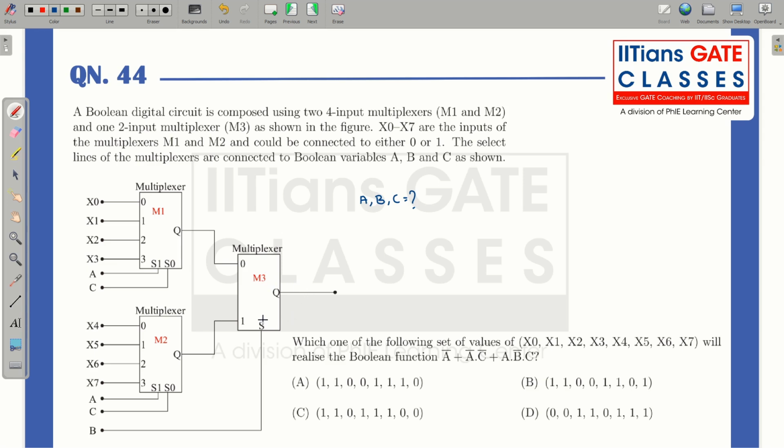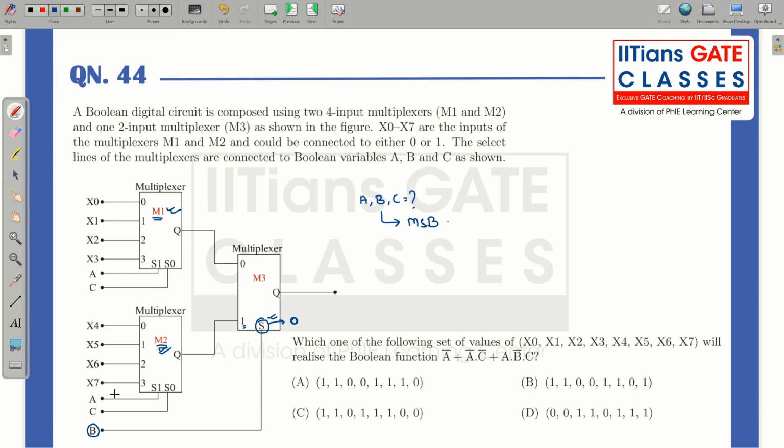So here you can see this selection line controls whether M1 will be selected or M2 will be selected. If this selection line is 0, M1 will be selected. If this selection line is 1, M2 will be selected. So what is the variable attached to the selection line of M3? This is B. So B will be your MSB.